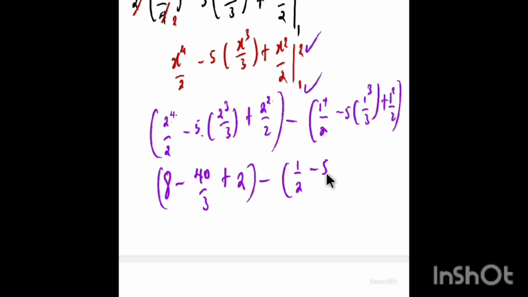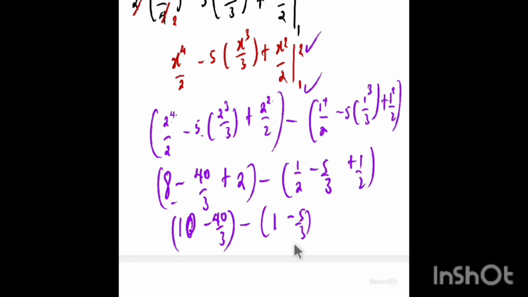So 5 times 1 will give us 5, so you have 5 over 3, then plus 1 over 2. So 8 plus 2 here will give us 10. So we have 10 minus 40 over 3, then minus, 1 over 2 plus 1 over 2 will give us 1. So we have 1 minus 5 over 3.